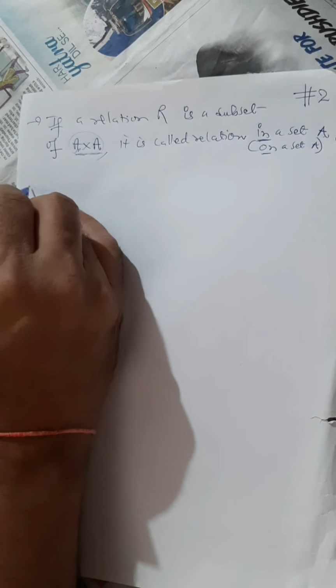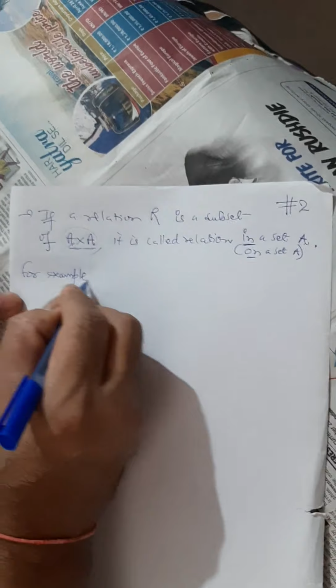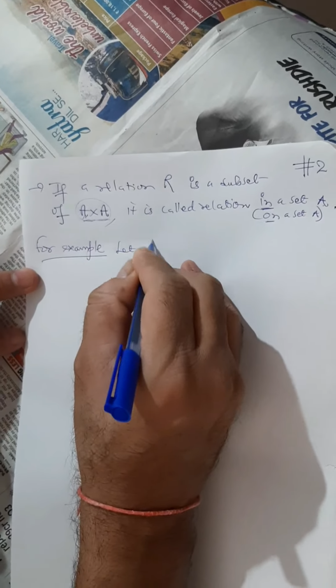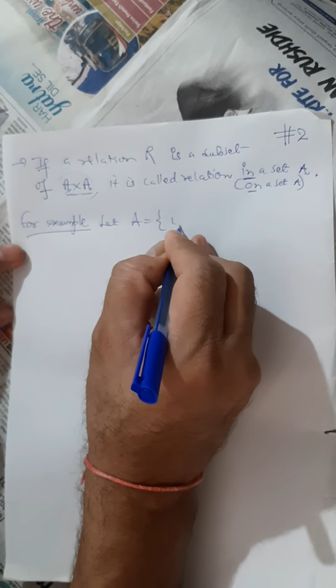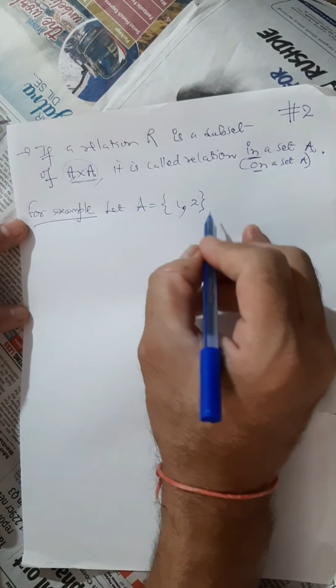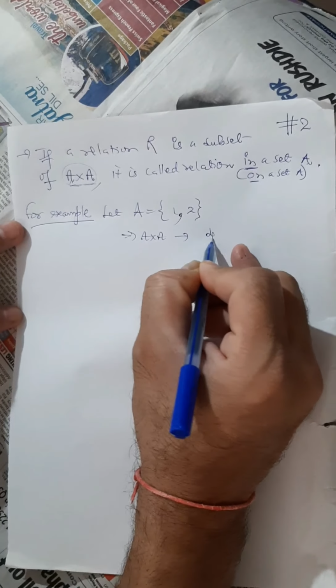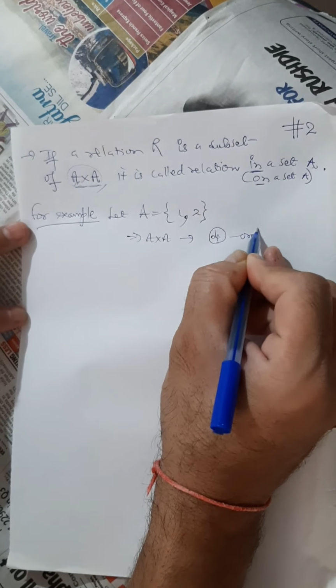So if I take a simple example, let's take A equals, I'll take randomly one set, 1, 2. Then A cross A will have 4 ordered pairs. There are 4 ordered pairs in this.